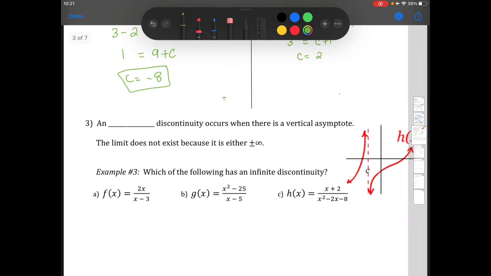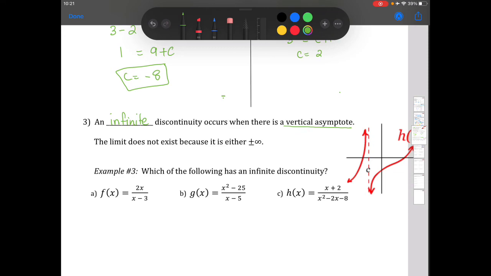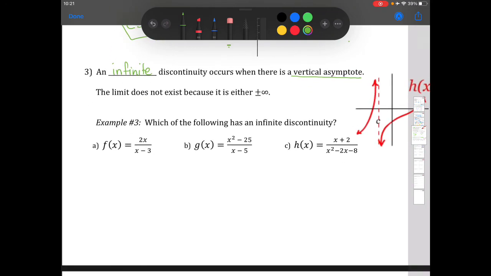Okay. The third kind is an infinite discontinuity. An infinite discontinuity occurs when there is a vertical asymptote, right? The limit does not exist because it is either positive or negative infinity. So here I'm going to just try the first one, and then I want you to pause the video and try the others.